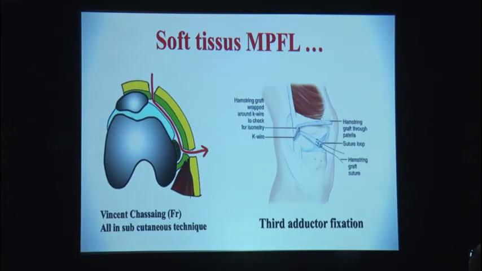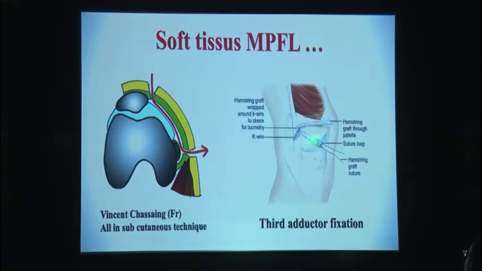It's dangerous because you can say, well, I will do an MPFL on everybody, and it will work. But sometimes if you miss the anatomical abnormalities, it will not be really good. So when you do an MPFL, you can use a soft tissue MPFL, which goes into the MCL, or this technique would be a soft tissue procedure.